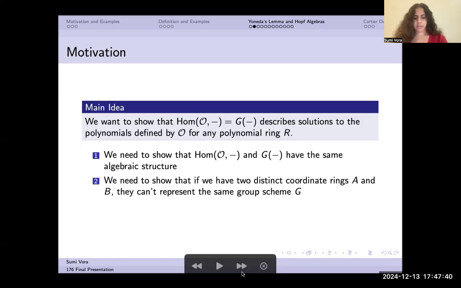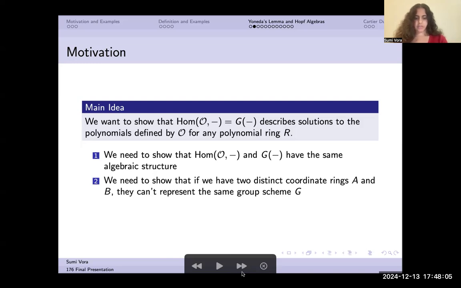And we also want to show that two distinct coordinate rings can't represent the same group scheme. The second fact is kind of surprising, right? Because generally, if you give me a group of points, there's no real reason for me to think that there's only one specific set of polynomials that has solutions in exactly that set of points.